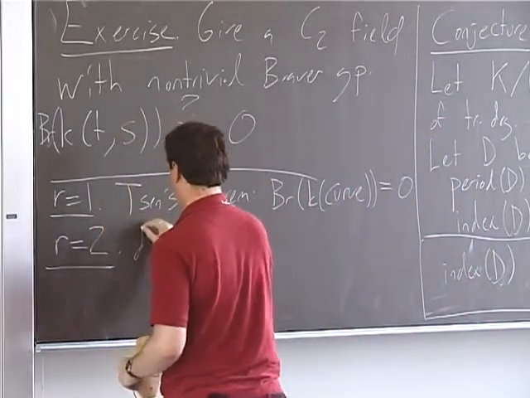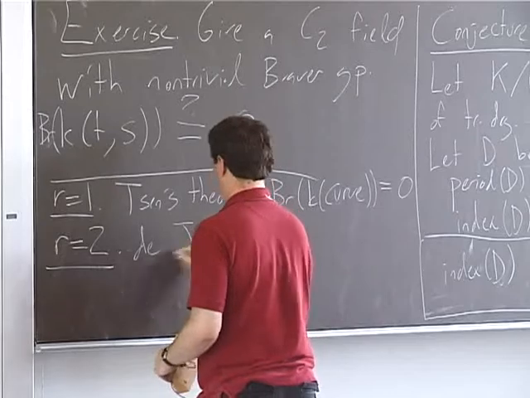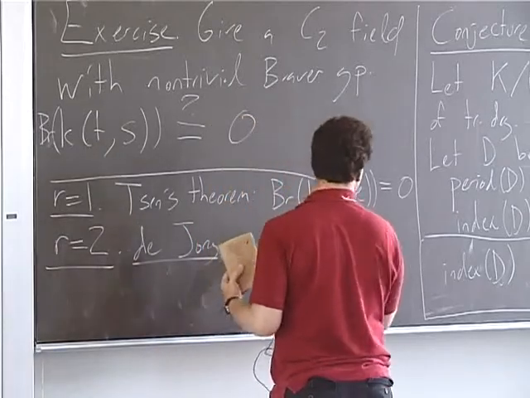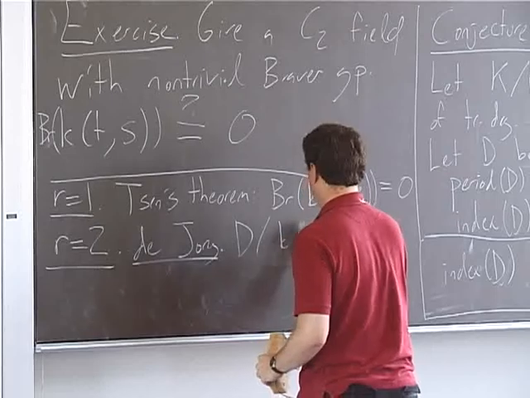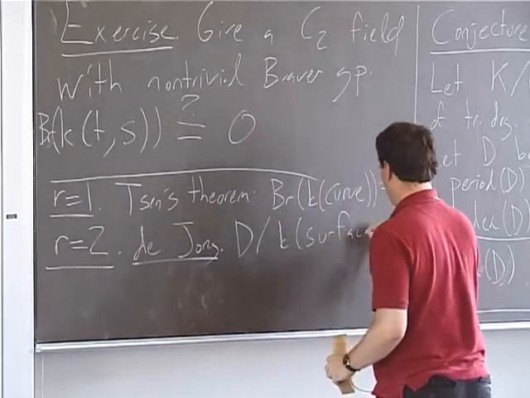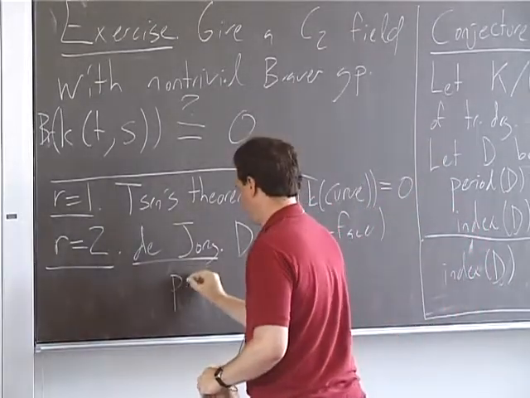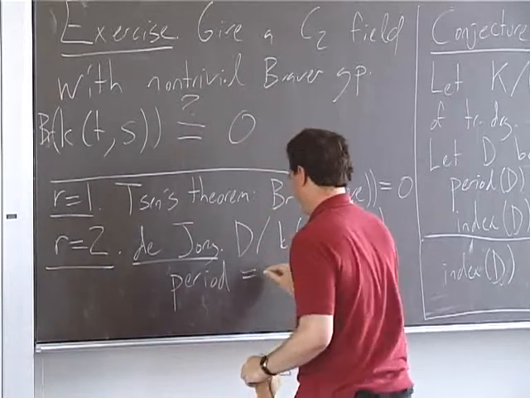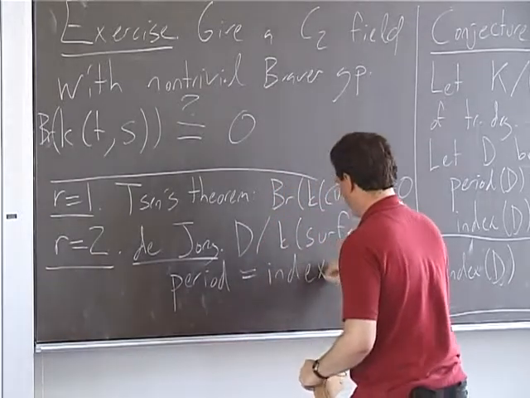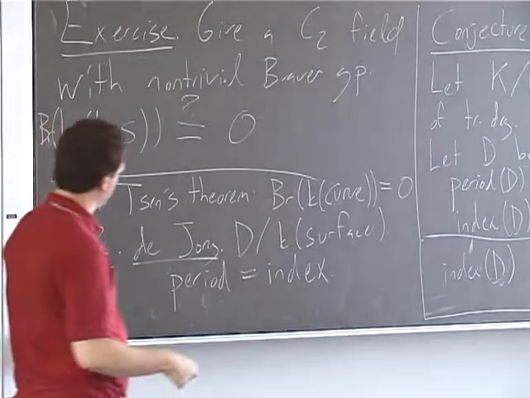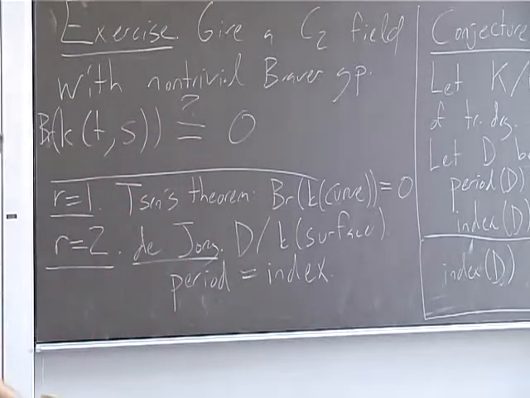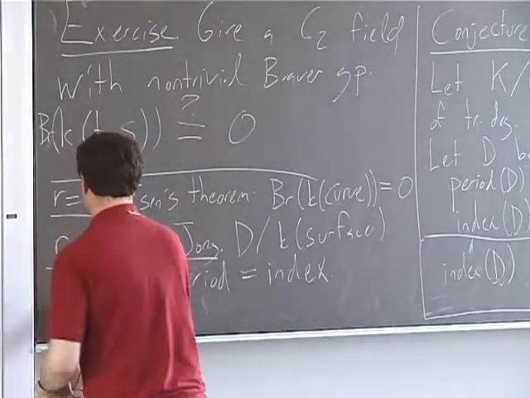So de Jong proved that if you have a division algebra D over the function field of a surface, then the period equals the index. And in the third lecture, I'll show you a proof of this. There's a way of thinking about this in terms of things related to C_r fields, which I'll talk about next time. But when r is bigger than 2, this is open.